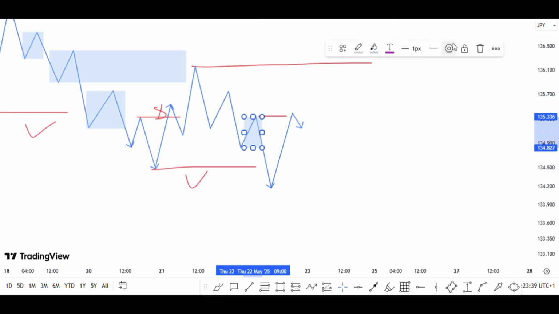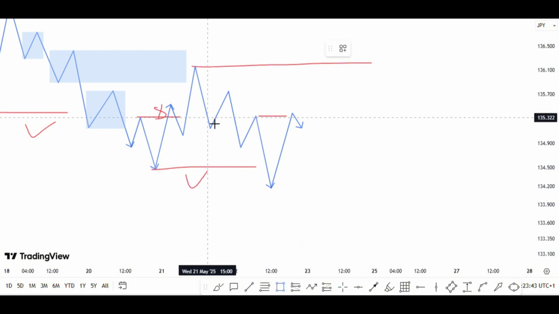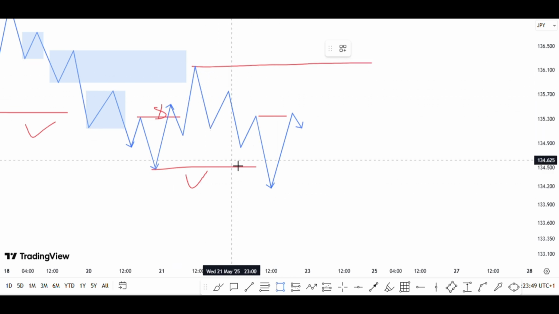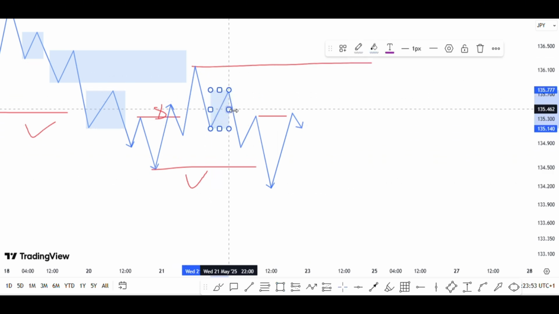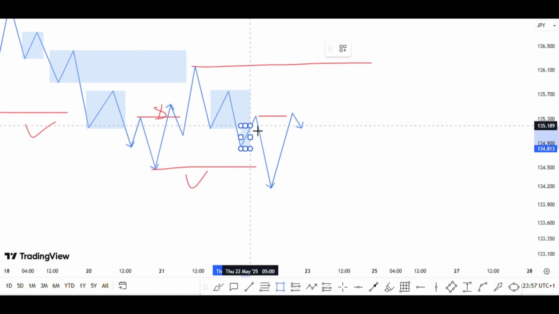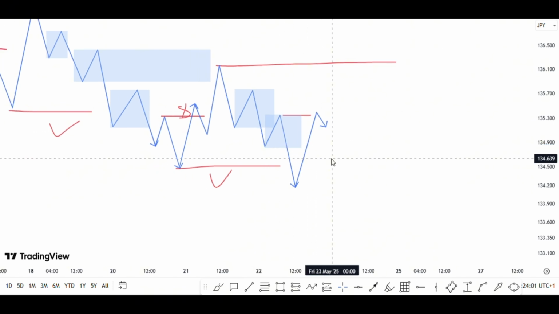So what is the next order flow? As I explained, the buying momentum before the market comes down within our trading range. This is the buying momentum. You can see this is also the buying momentum. In this situation, we only have 2 buying momentum before the market comes down.